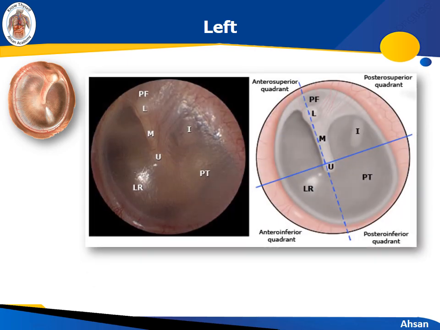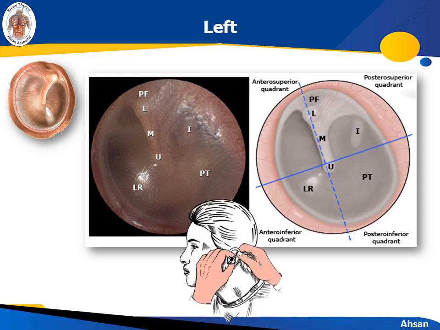Now in these tympanic membranes, look at the light ray. This is the cone of light. It is indicated by LR on either diagram. So this is directed towards the left. So you should remember that it is directed anterior-inferiorly.